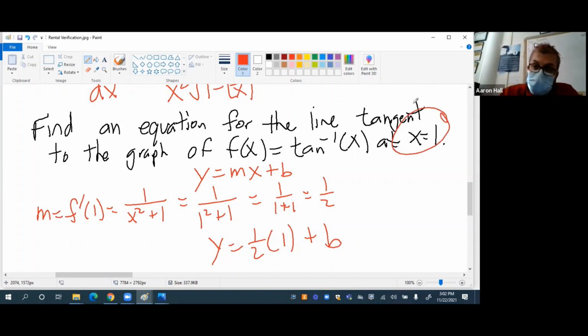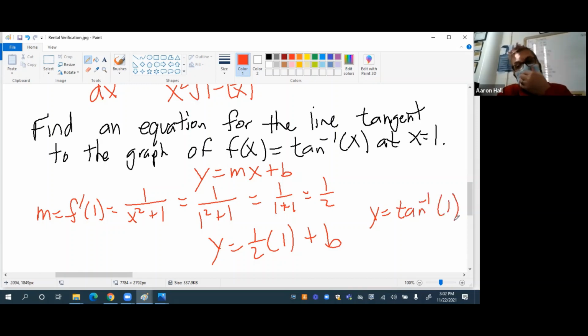How do I find a y value? Yeah, take the x, plug it into the original. It tells me what my y value is. So I have y equals the inverse of tangent of 1. Let's consider what that means. Because it's an inverse, we have tangent of some angle equals 1.